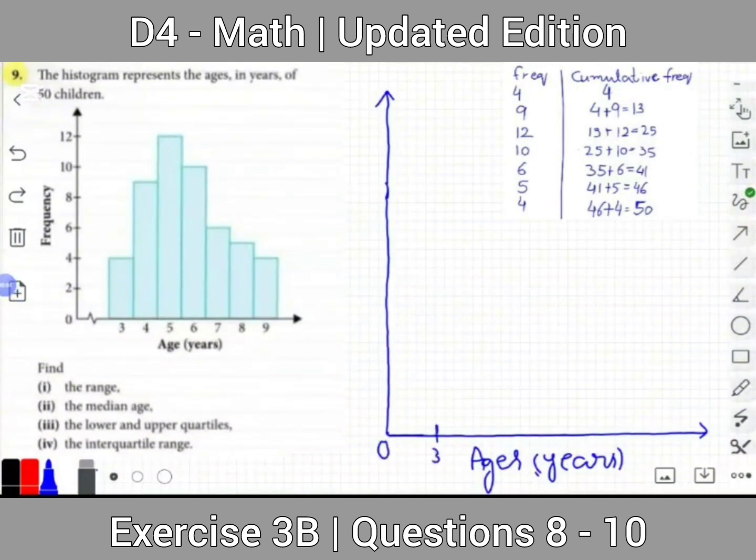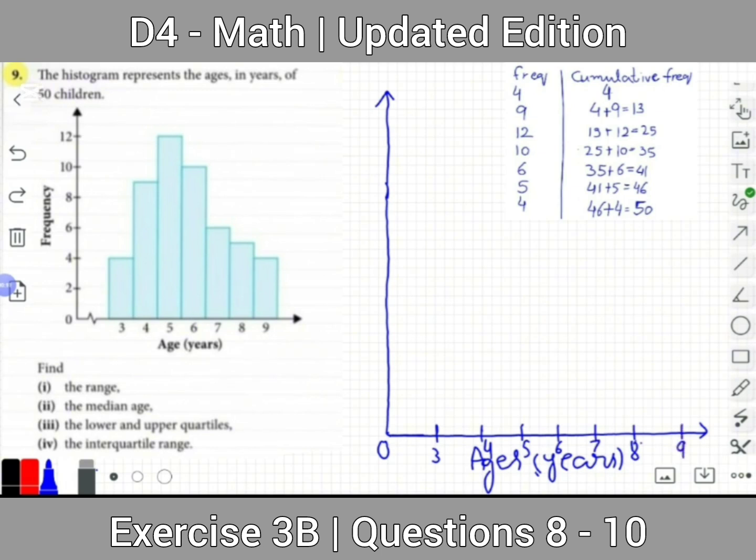Along the x-axis we have 3, 4, 5, 6, 7, 8, and 9.